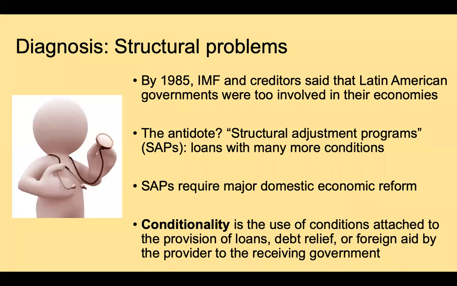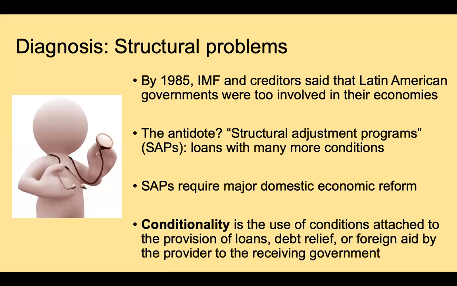The idea was if these Latin American countries wanted to continue getting the loans that they needed in the short, medium to long term, they've got to begin making serious adjustments to their economies. And these adjustments essentially revolve around withdrawing the state from the economy and sending the state back to the political realm.